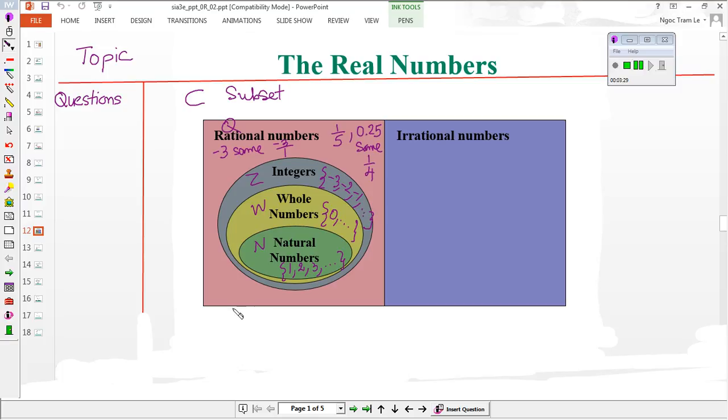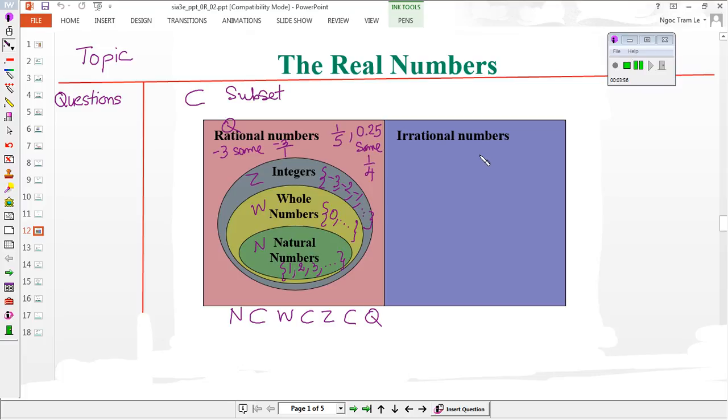So therefore I can translate it as natural numbers is a subset of whole numbers. Whole numbers is a subset of integers. Integers is a subset of rational numbers. So far you can see that the set of rational numbers is bigger than the set of integers, and it's also bigger than the set of whole numbers, and it's also bigger than the set of natural numbers.